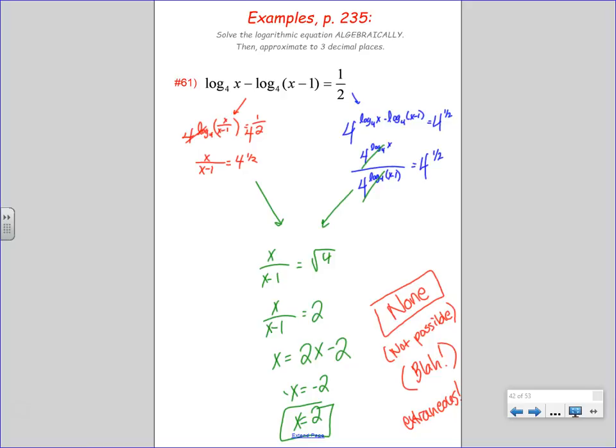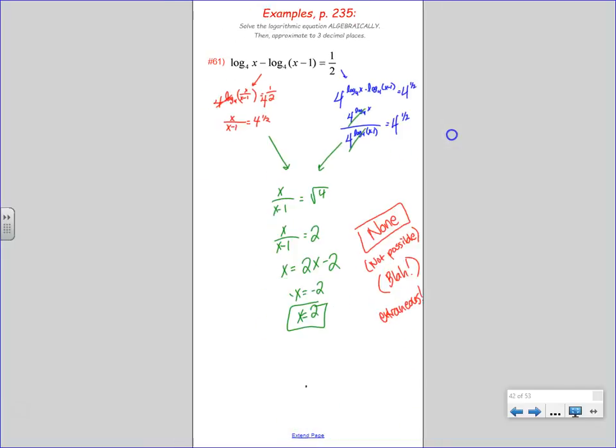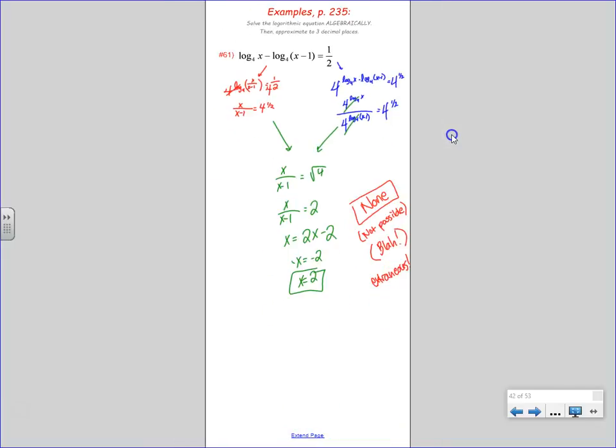Domain problem. Now we have a third. But what does that mean with 2? When we go to check, what happens when we plug in? Log base 4 of 2 minus log base 4 of negative 1 is equal to 1/2.